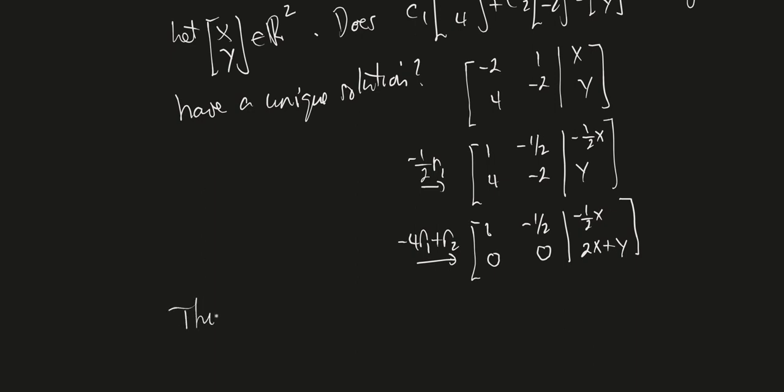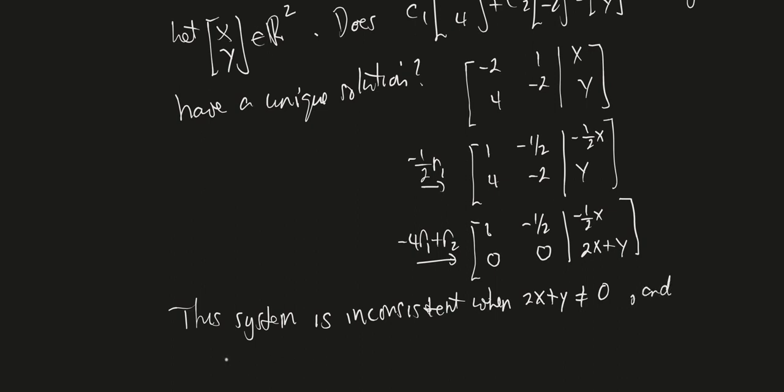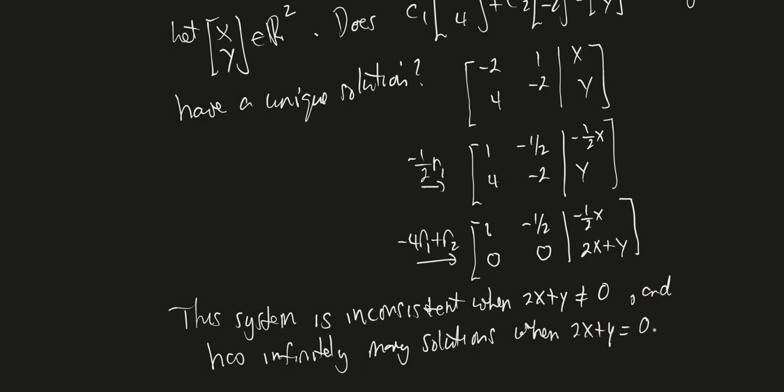So this system is inconsistent when 2x plus y is not equal to 0 and has infinitely many solutions when 2x plus y is equal to 0.